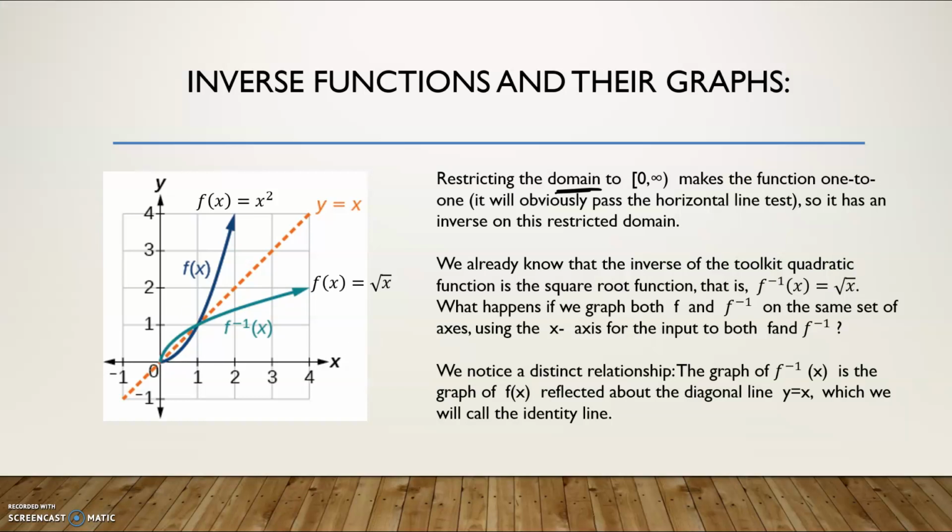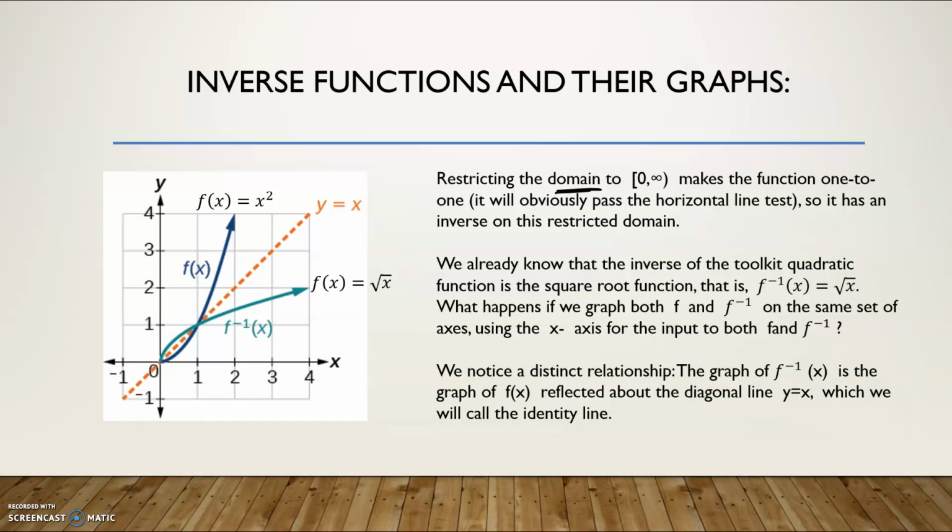Okay, so the x squared and the square root of x, those are inverses of each other. So we're going to put both the x squared, while it's restricted from 0 to infinity, and the square root of x, which goes from 0 to infinity anyway, on the same graph, and then compare them.